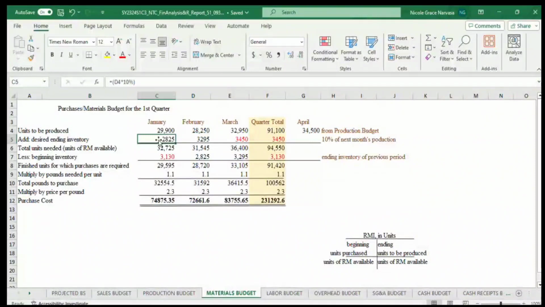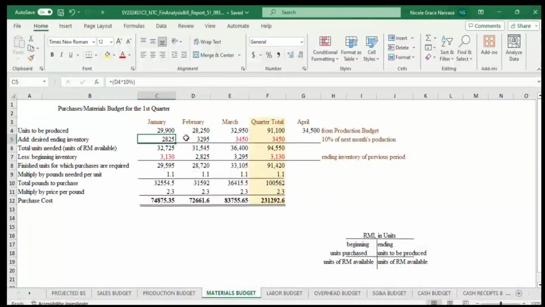So 2,825 for the month of January. Then February is 3,295, March is 3,450, and the quarter total is 3,450, since that's the last month, March, ending inventory.